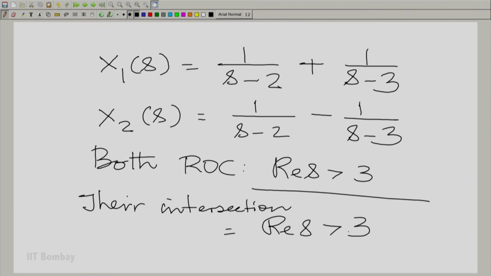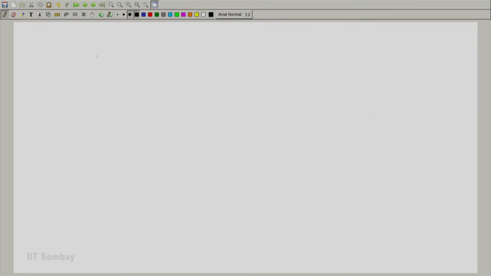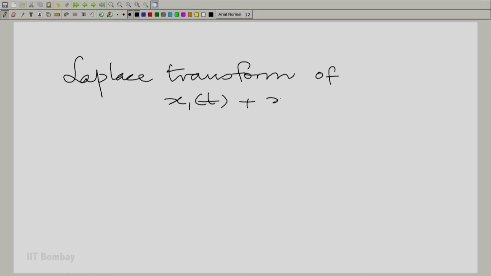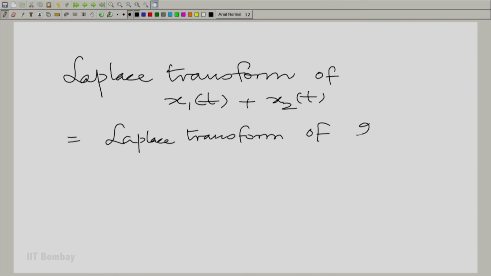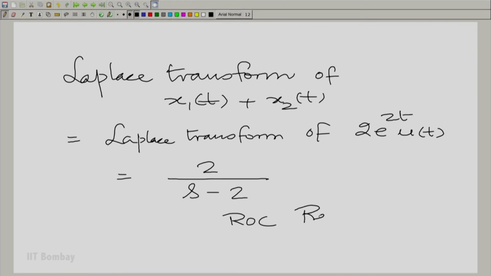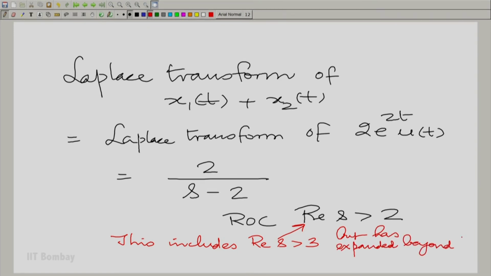But then if you look at the Laplace transform of the sum, which is also a linear combination. So, the Laplace transform of x1(t) plus x2(t) is essentially the Laplace transform of 2 e raised to the power of 2t u(t), which is very easily calculated to be 2 by s minus 2, and the region of convergence happens to be real part of s greater than 2, which of course includes real part of s greater than 3, but has expanded beyond.